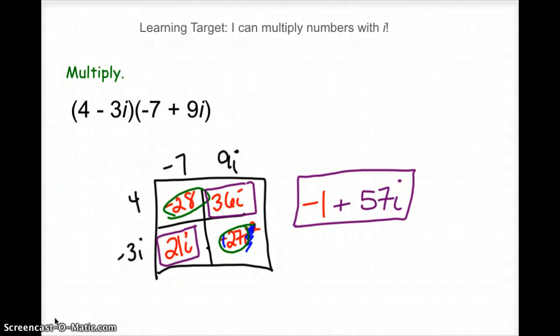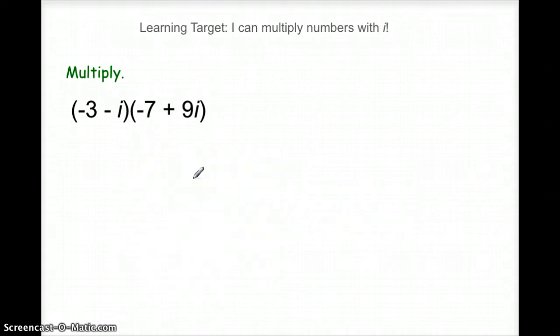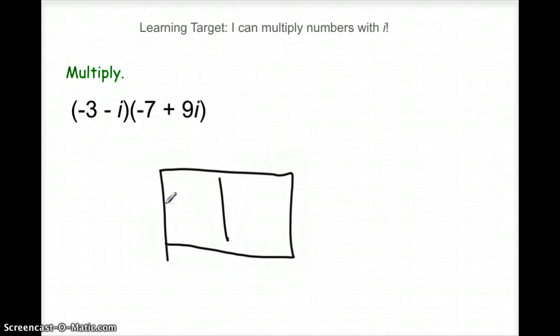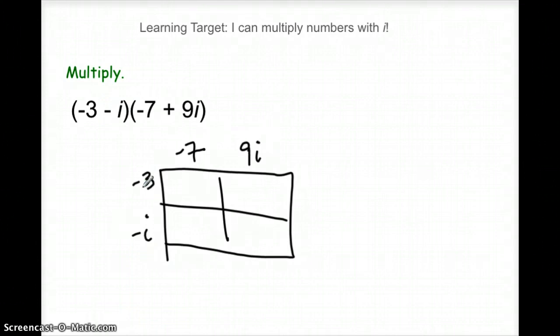Nice. One more. Do my square grid. Negative 3i and negative i, negative 7 and 9i. Multiply. So negative times a negative, positive 21. Negative times a positive, so it would stay negative 27 with the i attached. A negative times a negative, positive 7i attached.